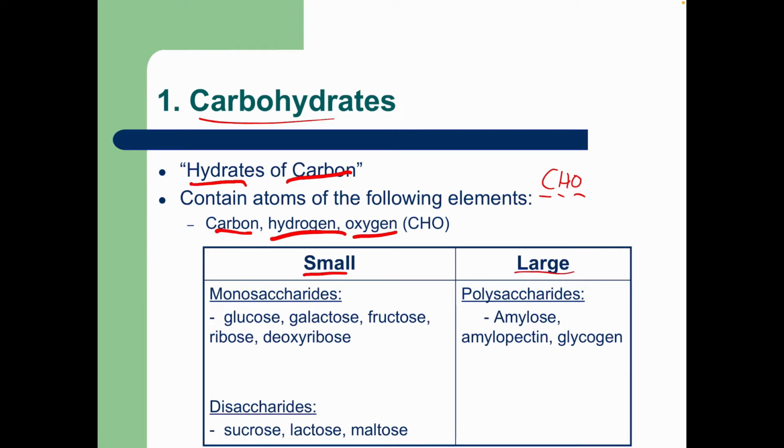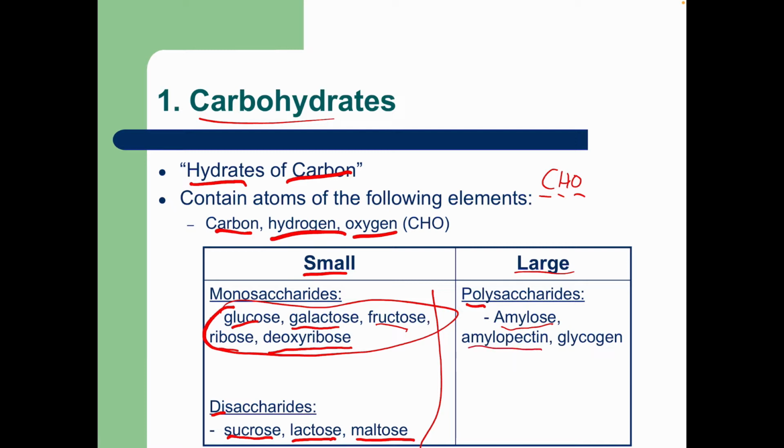Our small include our monosaccharides, which include glucose, galactose, fructose, ribose, and deoxyribose. These are fundamental molecules that we see in pretty much tons of structures. Here are disaccharides, which include sucrose, lactose, which you've probably heard about in milk, and maltose. These are all different kinds of sugars. Then we have our polysaccharides, which include amylose, amylopectin, and glycogen.